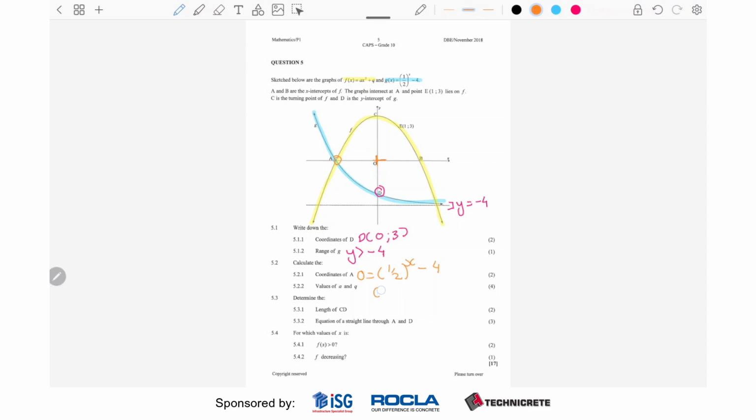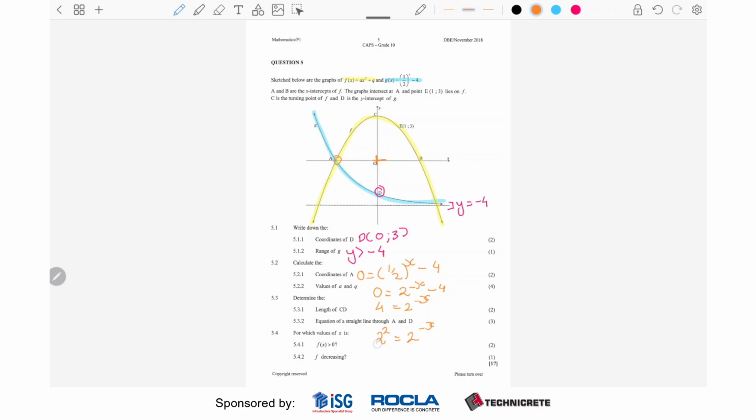And we will convert the half to 2 to the power of minus x, minus 4. Therefore 4 is equal to 2 to the power of minus x. 4 is also equal to 2 to the power of 2, which is equal to 2 to the power of minus x.